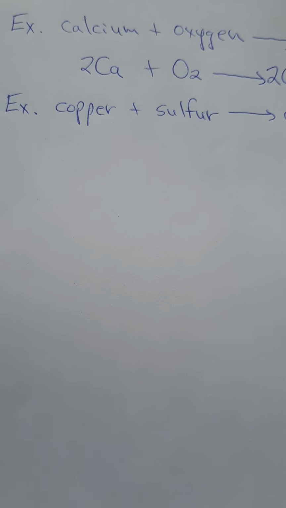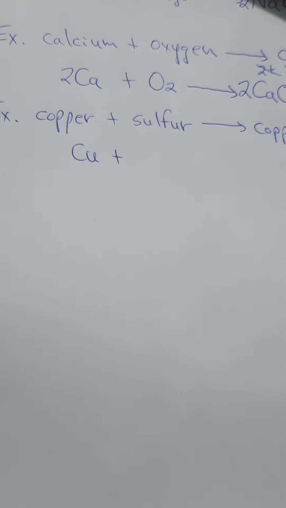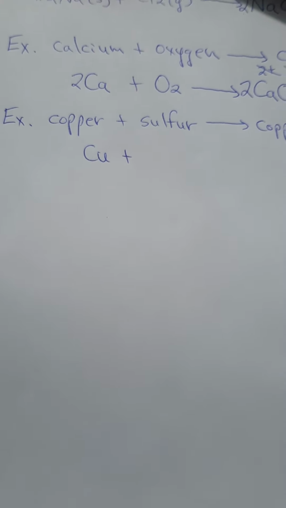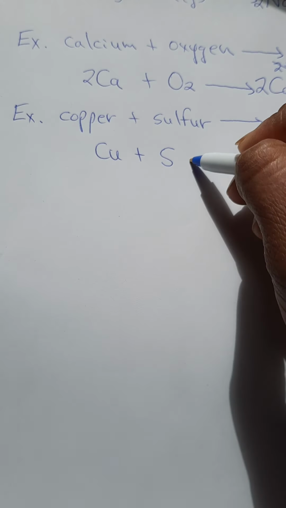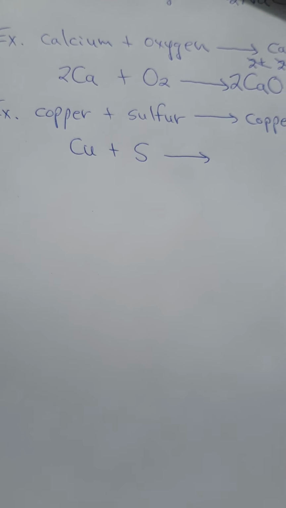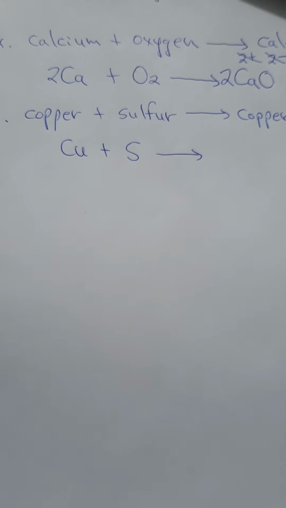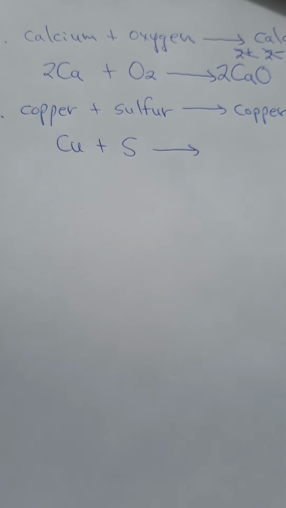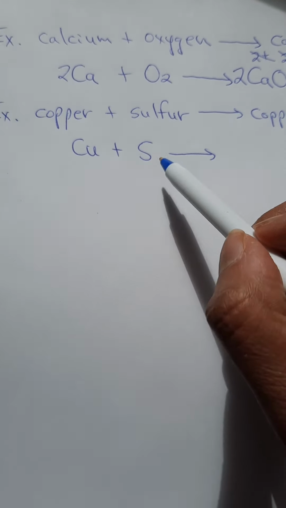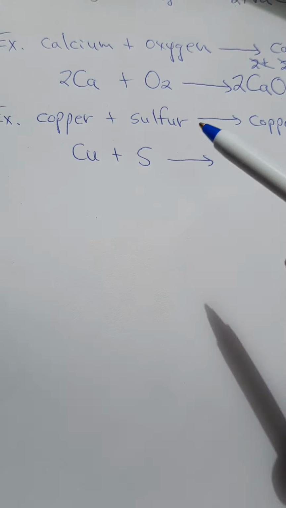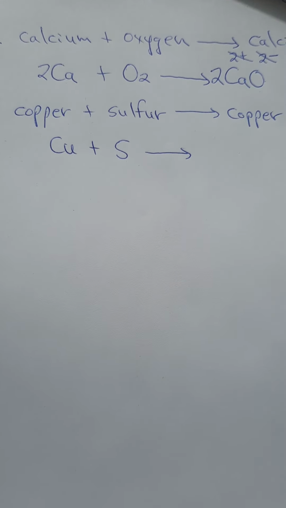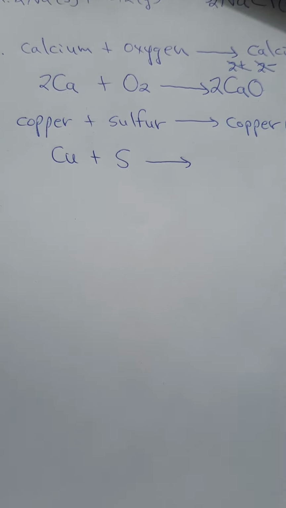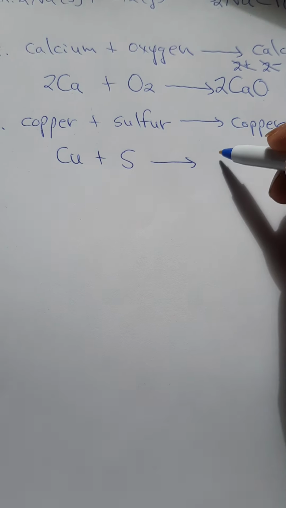Now we're going to write the actual equation out. So I'm doing copper plus sulfur. We'll just put S here, although the actual form of sulfur that is the most stable in the atmosphere is actually S8, and there would be a subscript of 8 here. So let's do what it's forming here.